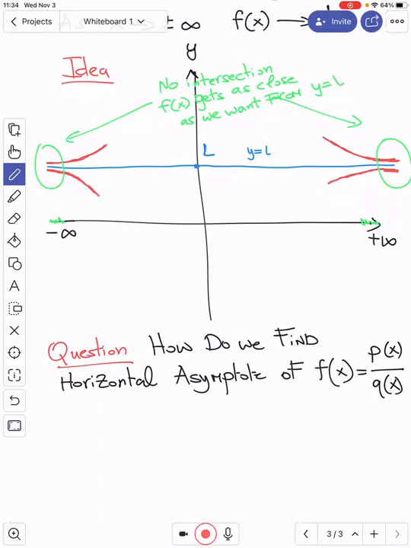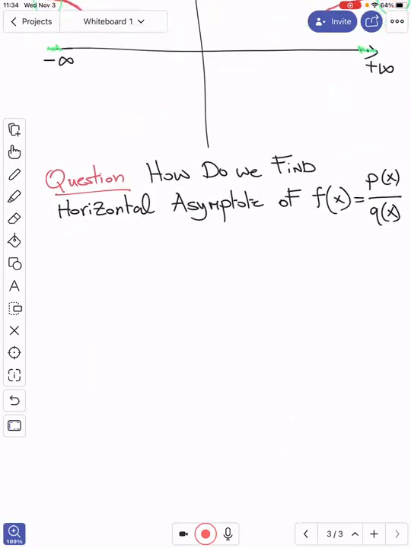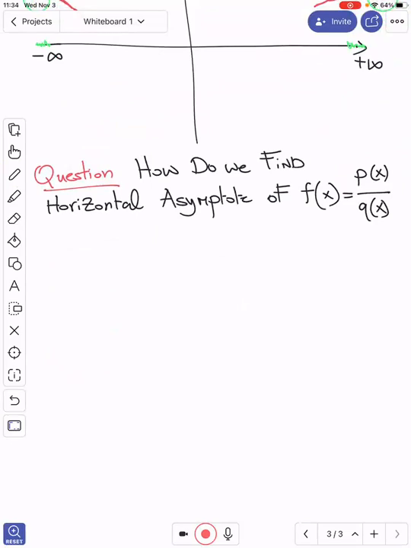Well, there are going to be 3 different cases. It depends on the degrees of p and q.